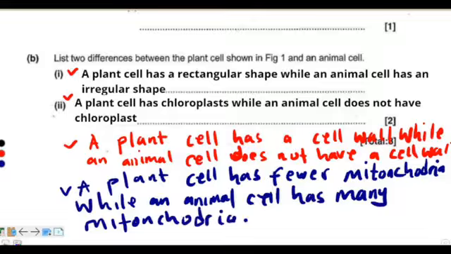So these are some of the differences that we have between a plant cell and an animal cell.